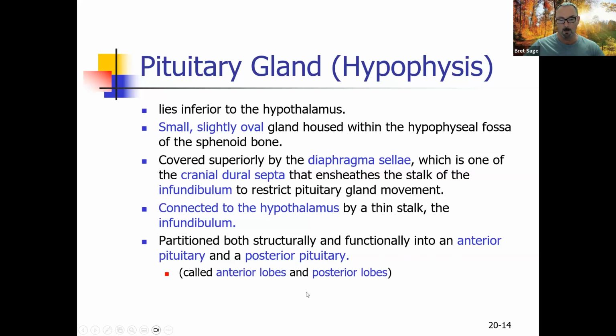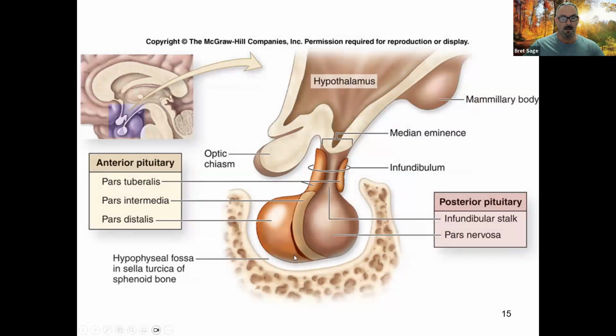They're called the anterior lobes and posterior lobes of the pituitary. So you can see here the anterior pituitary is kind of a lighter color, posterior a darker color, not really that different. In reality, they accentuate the difference in color, make it more clear. And each of these has different regions that are shown here by this figure.